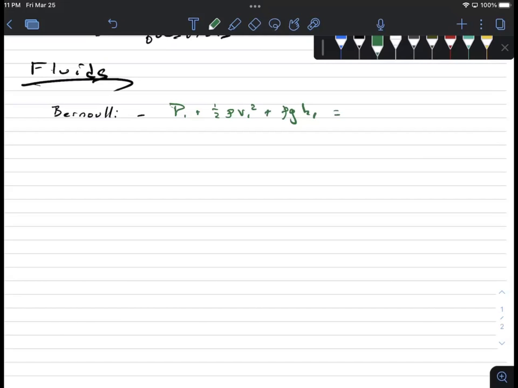That is the total net pressure on a system at some location, and it is constant, which means if you look at this location, the beginning of the system, and you add up all the things about pressure there, then you look at some other location in the system and add all of those pressure things up, you get the same number. So this is equal to P2 plus 1/2 rho V2 squared plus rho g h2.